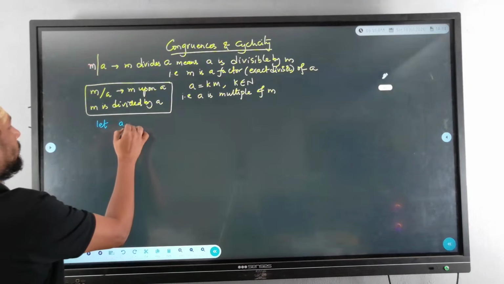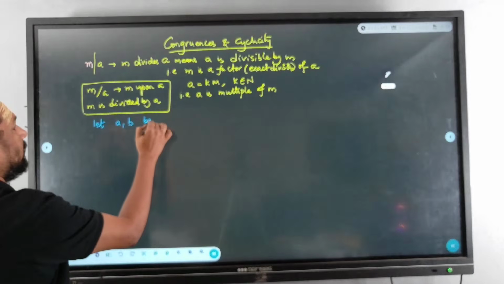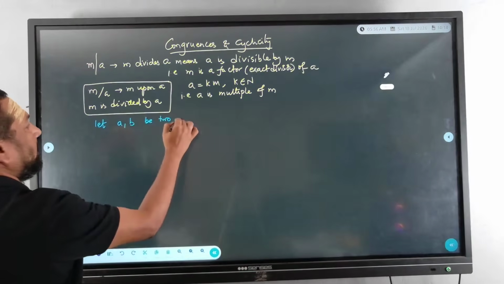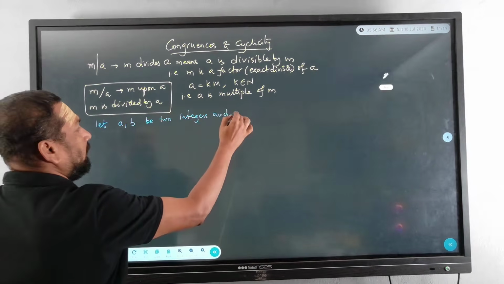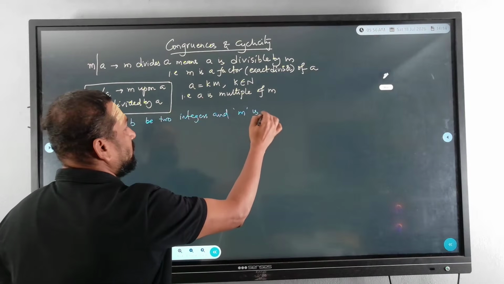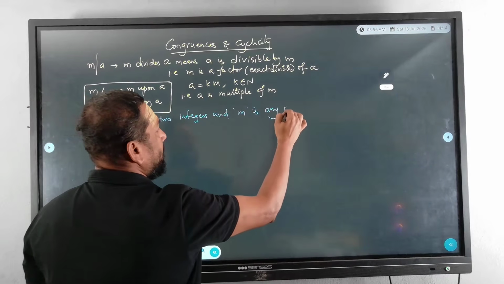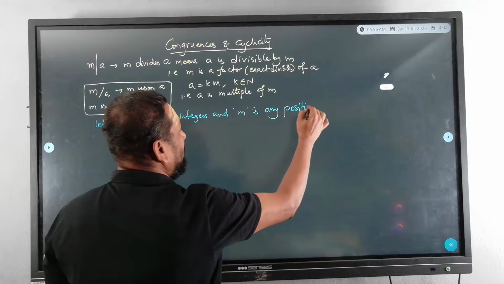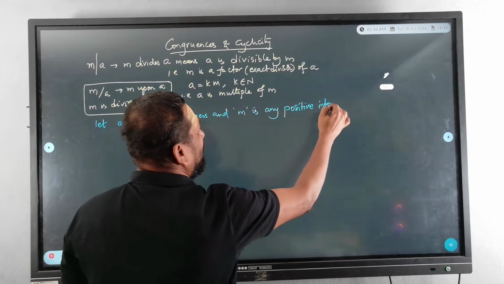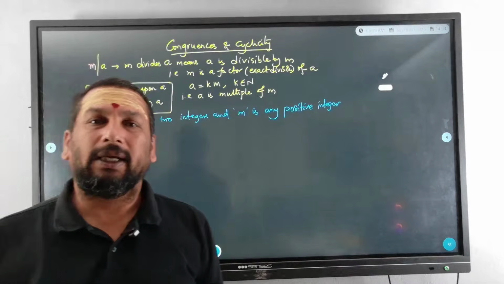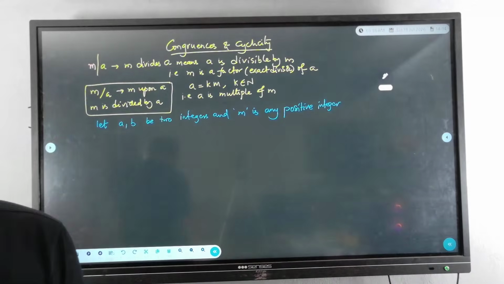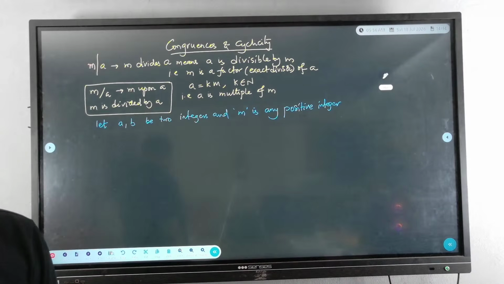Now, let a, b be two integers and m is any positive integer.